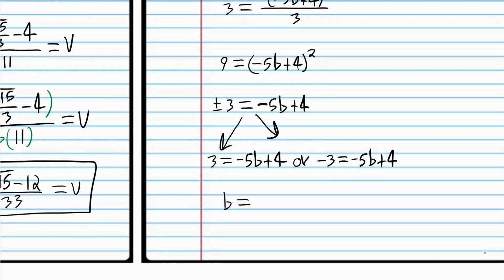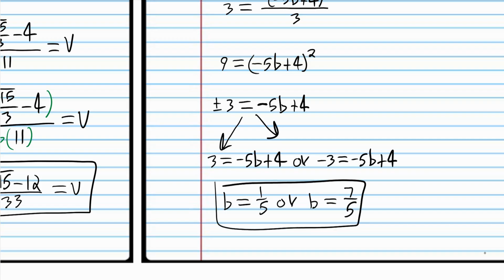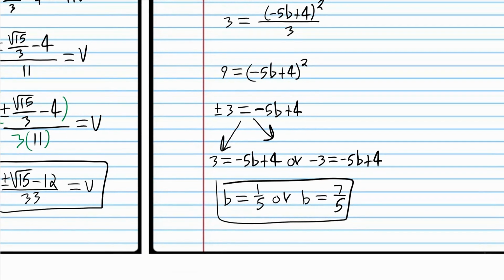Subtract 4 from both sides, divide both sides by negative 5, and we see that b is equal to 1/5. We solve for b in this equation, we get 7/5. So if you got those answers, excellent.